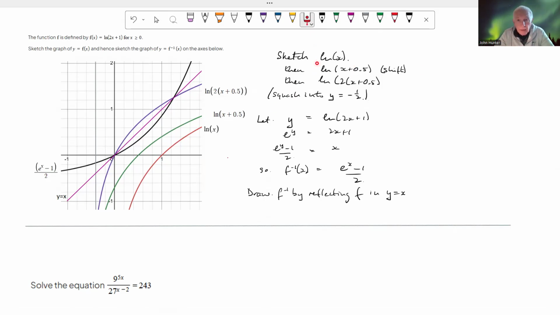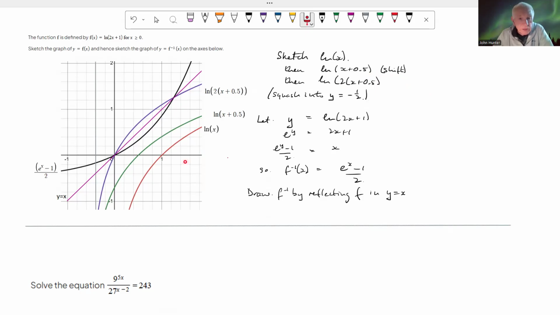If we draw that graph, that's fairly easy to draw because that's a standard graph. Here we've got the natural log of x coming up through x equals 1 there. Then if we shift it by 0.5, now 0.5 obviously is not 1, but bear with me.